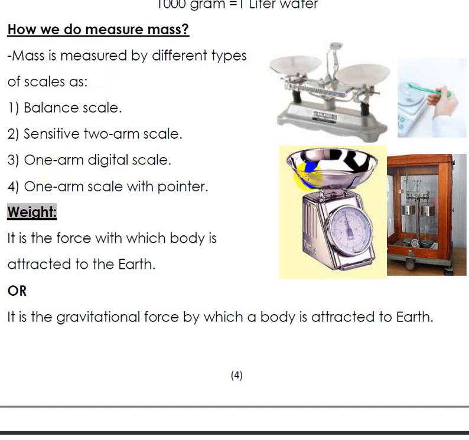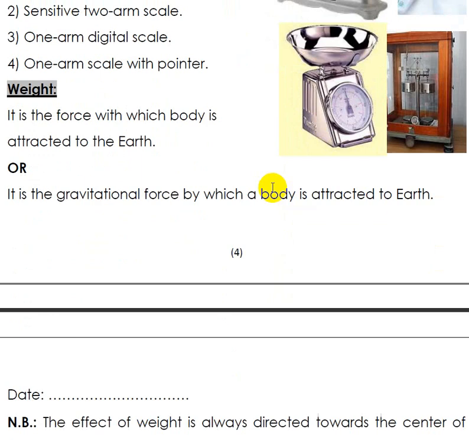And here, 1 arm digital scale, we call it a scale with a pointer. And here's another sensitive scale. Okay, this is about the mass.